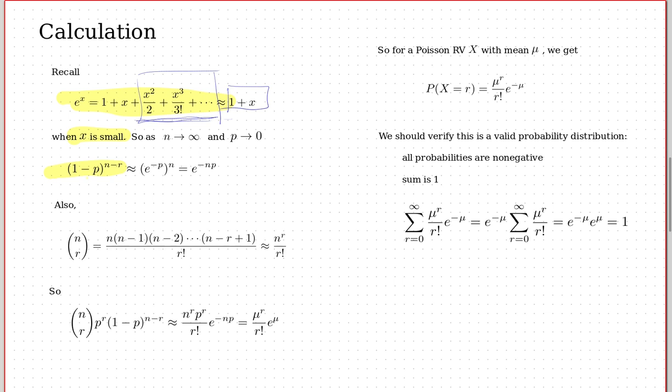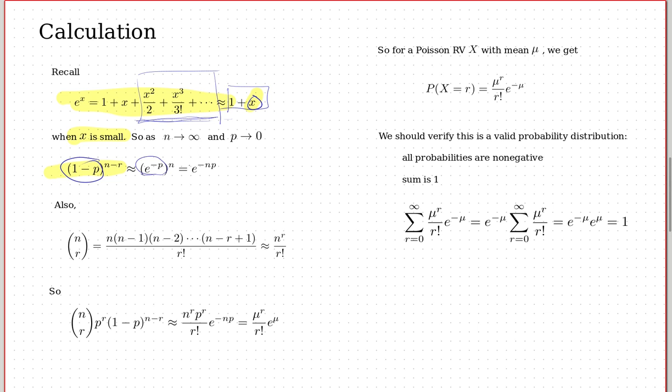Well, if x is equal to minus p, then we can apply this approximation here. So we can say that 1 minus p to the n minus r, well, 1 minus p is approximately e to the minus p.